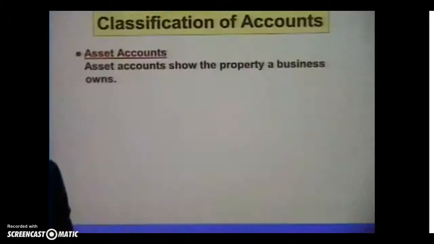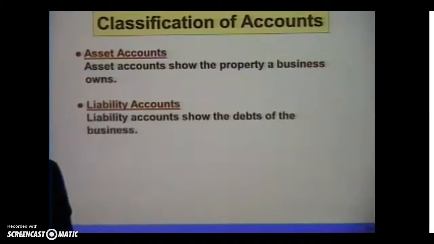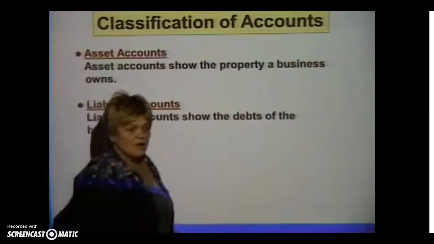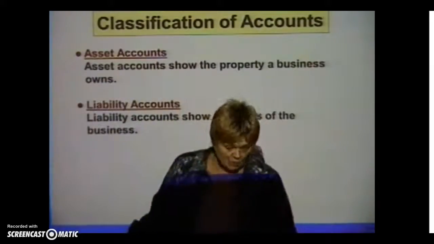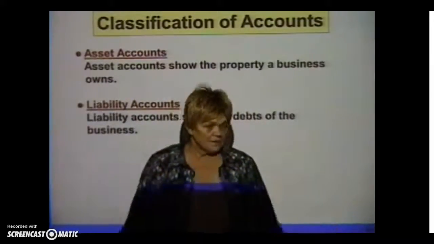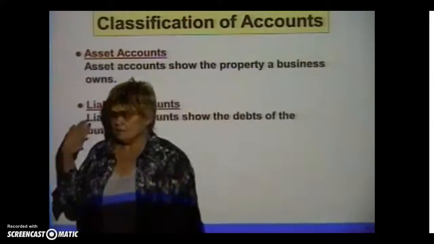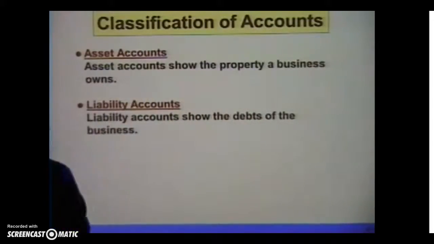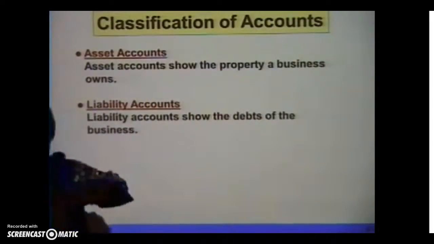Assets, that's going to be the property, anything of value that the company has. Liabilities, what's that? That's what they owe, usually as a result of purchasing equipment or an asset, right? Liabilities shows the debts that must be paid in the future.